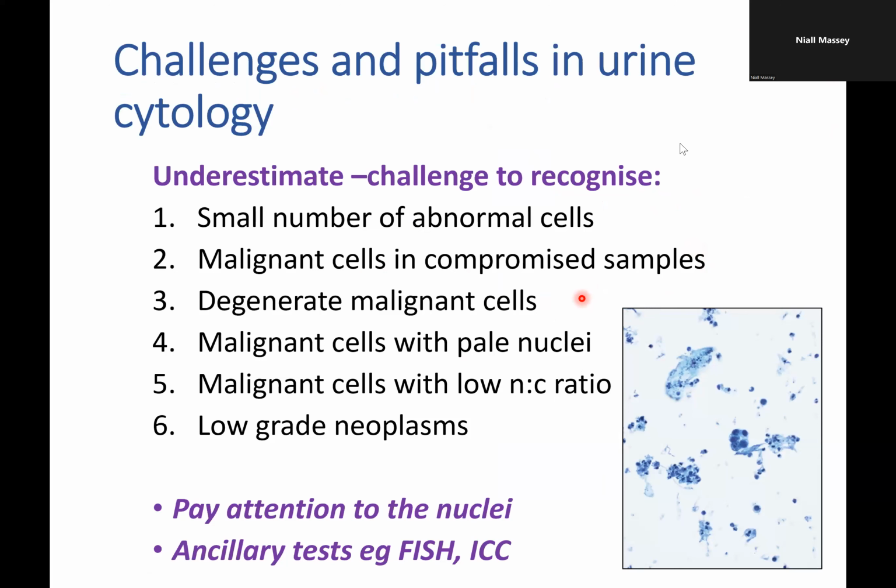That's pretty frequent, where malignant cells don't play the game and they've got either pale nuclei or a low nuclear to cytoplasmic ratio. And of course, identifying low-grade neoplasia is very challenging in urine cytology.